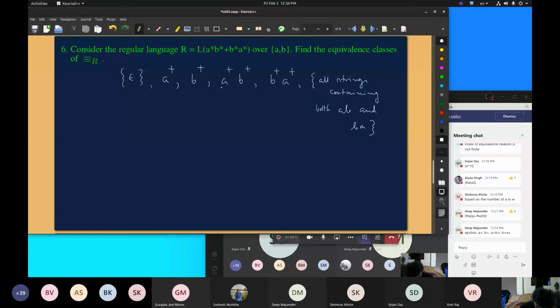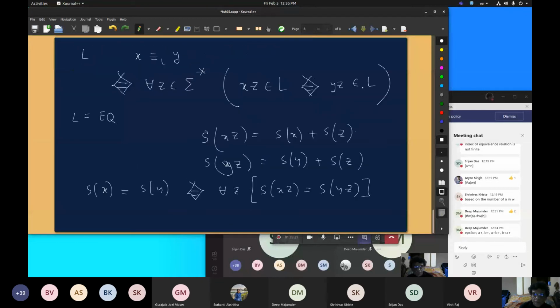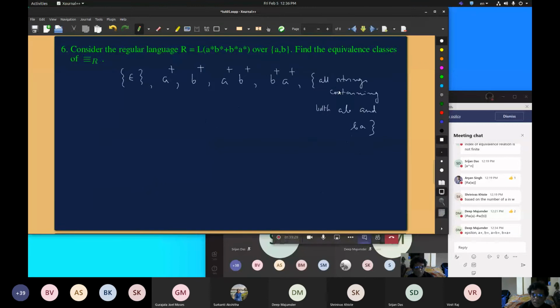Definitely no member of this or this can be equivalent, because in that definition, if you take z equal to epsilon, right, you can take z equal to epsilon in this. And this is not in L, any string here, not in L, whereas any string here or here or here, they are in L. So they cannot be equivalent.